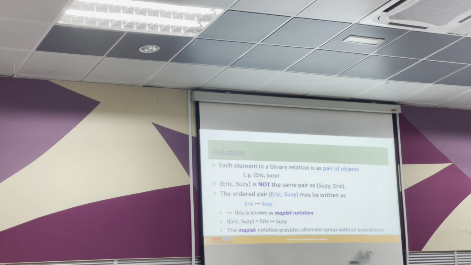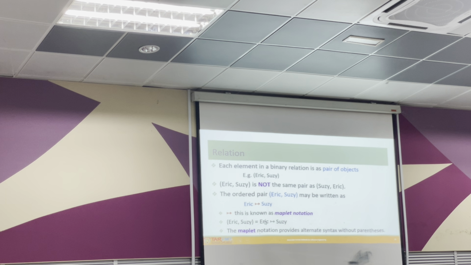Later you will see that you have to use maplet notation a lot inside your predicate part, especially in your operation schema. Rather than using the arrow, we are going to use maplet notation. What do we mean by maplet notation?